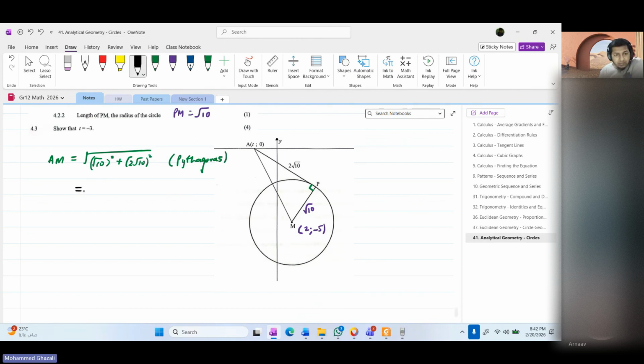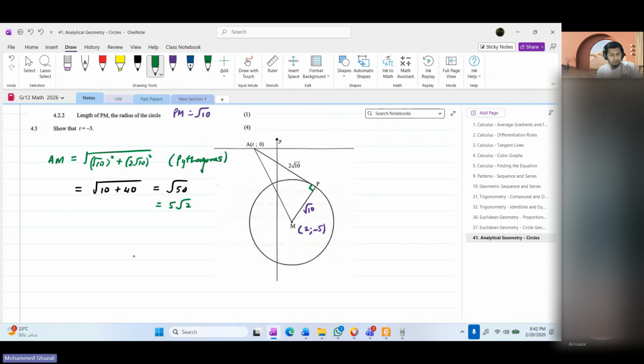Now, root 10 squared is just 10, plus 4 times 10, that is 40. So square root of 50. Square root of 50 is what? 25 times 2, so 5 root 2.